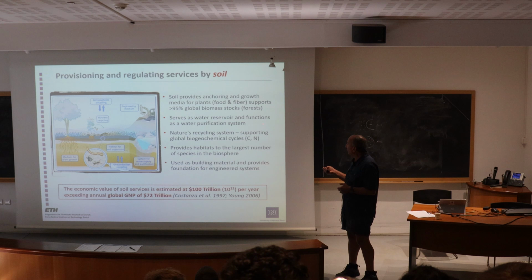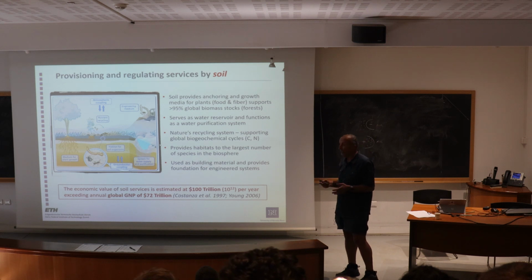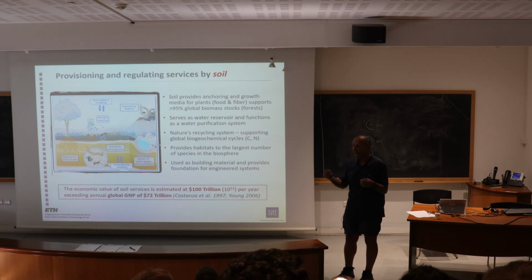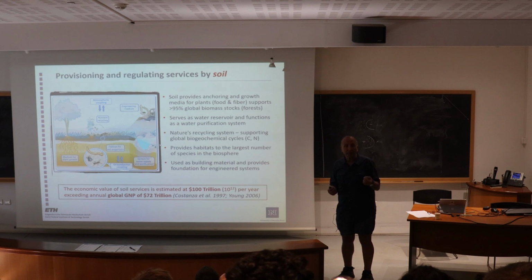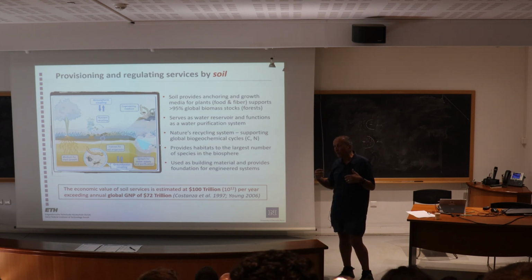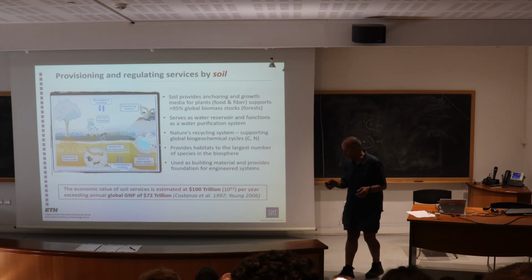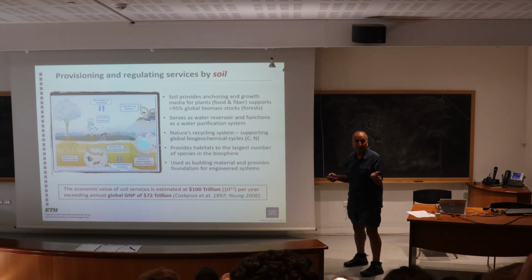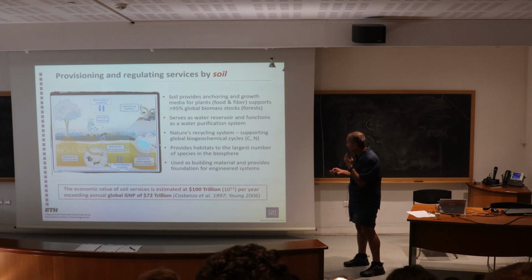It serves as a water reservoir and a functional water purification system, although it carries at any given time less than 0.5% of all the fresh water on the planet. It actually contributes, as I said, to a very large fraction of the biomass. There is still the ocean side of the story, but in terrestrial systems, it supports most of the biomass with this 0.5% of the fresh water, which is quite impressive.